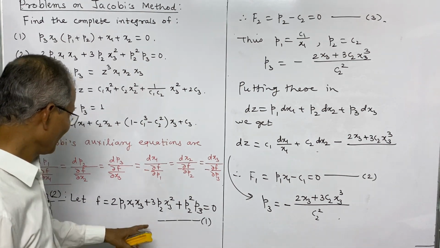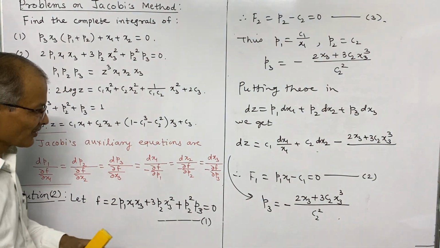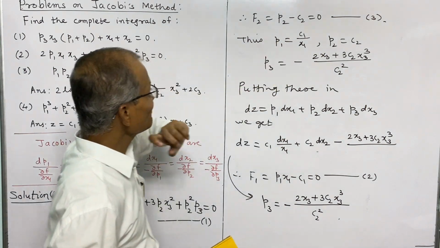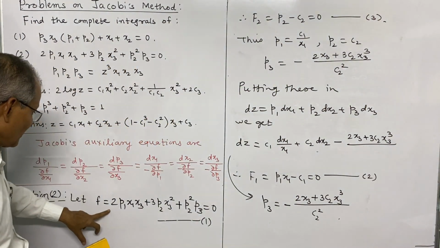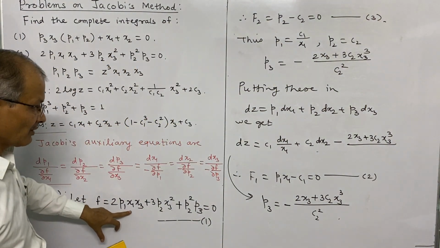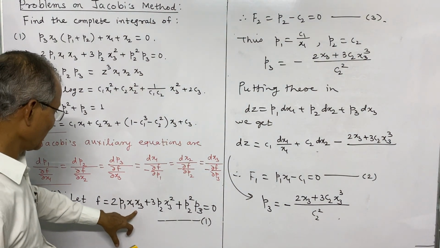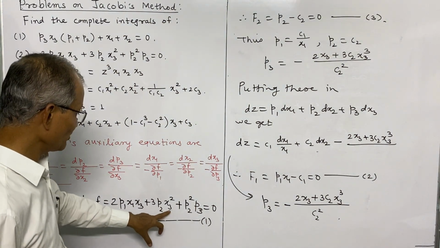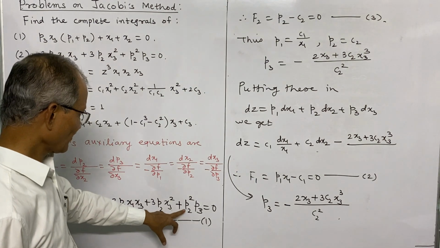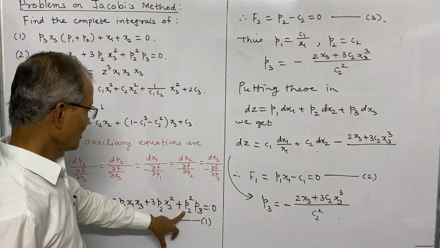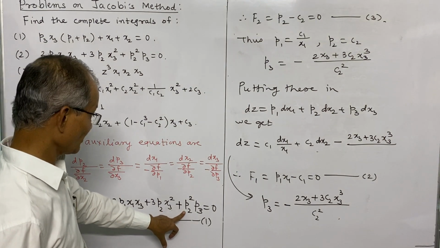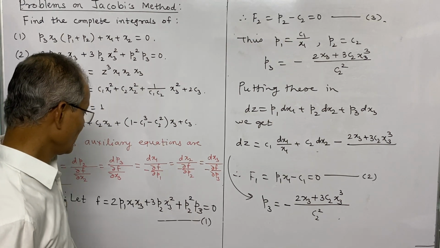So what we have done, we have to verify this. So what we have done is p1, p2 in this. So this is p1 x1 is c1, 2 c1 x3. This is 3 c2 x3 square, and p2 square, that is c2 square, and p3.